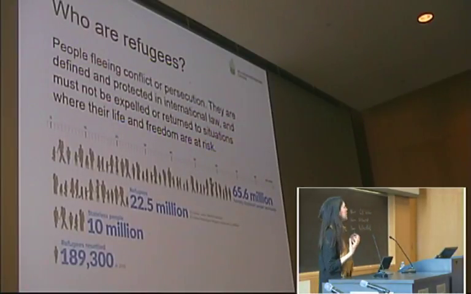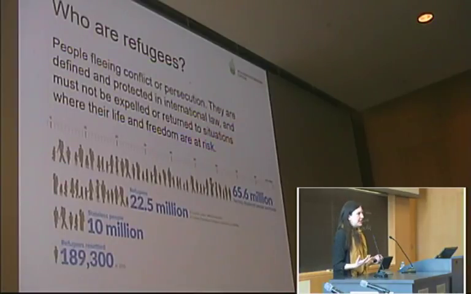Most of them are internally displaced, meaning they haven't crossed an international border. And of those, 22.5 million refugees have crossed into another country. So that is 1 in 113 people in the world that are displaced because of war, because of persecution.